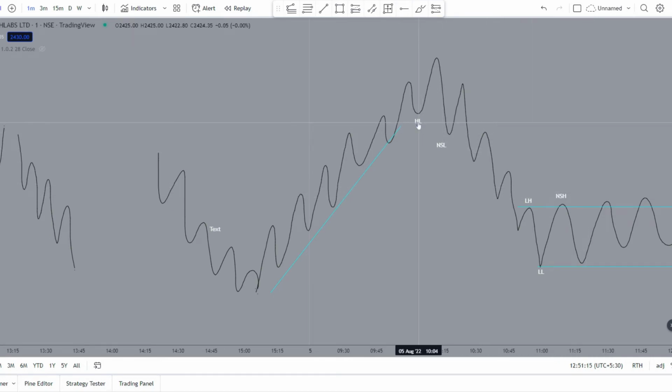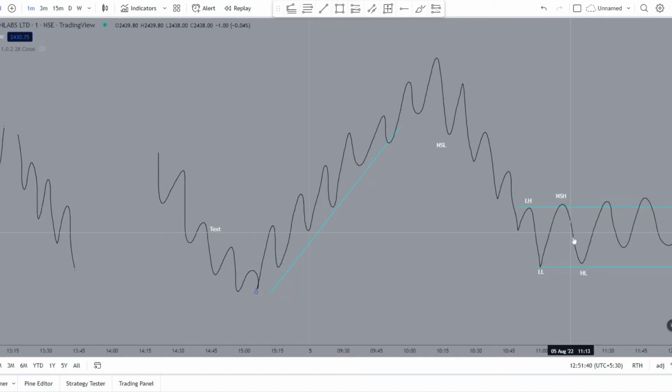Now what will change? We again need to mark in the same way as we were doing here. It has a new structure high here. What do we expect? We expect a pullback. Pullback can be up to any point provided it should not break this. Once this has been broken, the trend is again changed to downtrend.